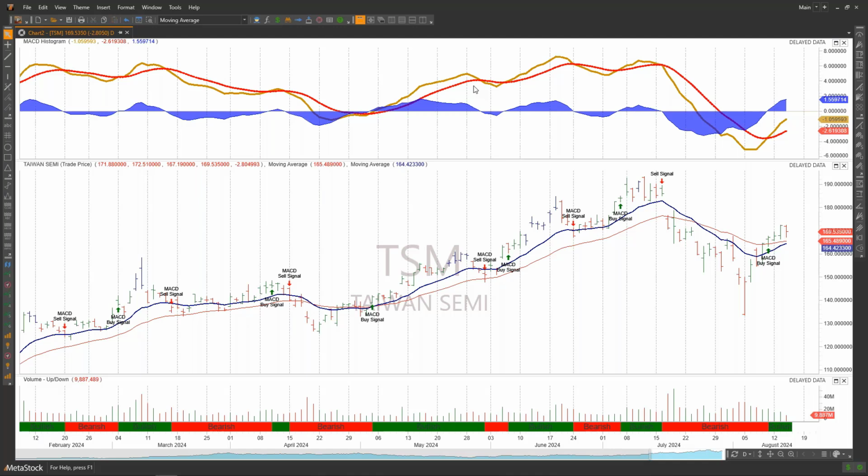He called it a signal line because you can use it as a signal. The way that you read this signal line is if MACD is trading up above its signal line, you're in a bullish phase for MACD. If it comes down below its signal line, as it did for just a couple of days here, you get bearish. So bullish phase, bearish phase, bullish phase, bearish phase. That's the way the signal line works.